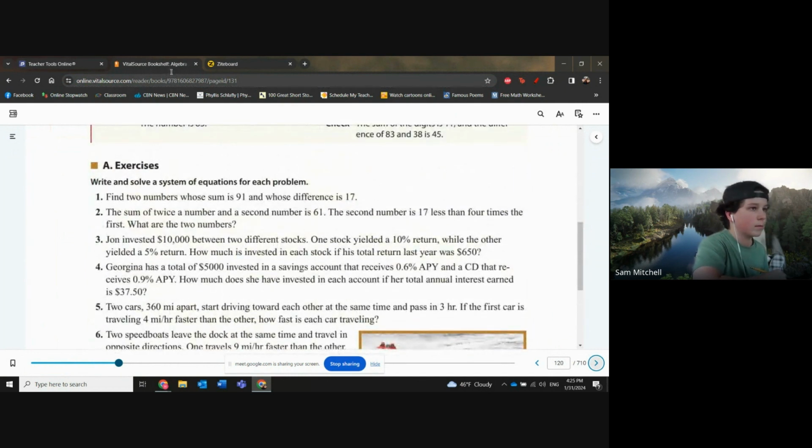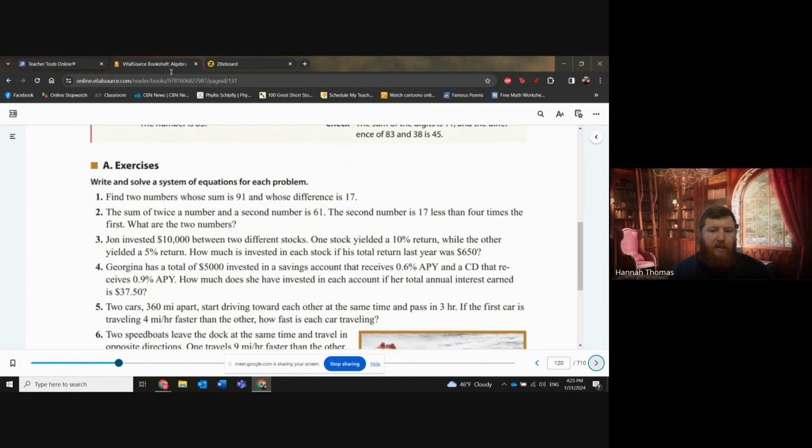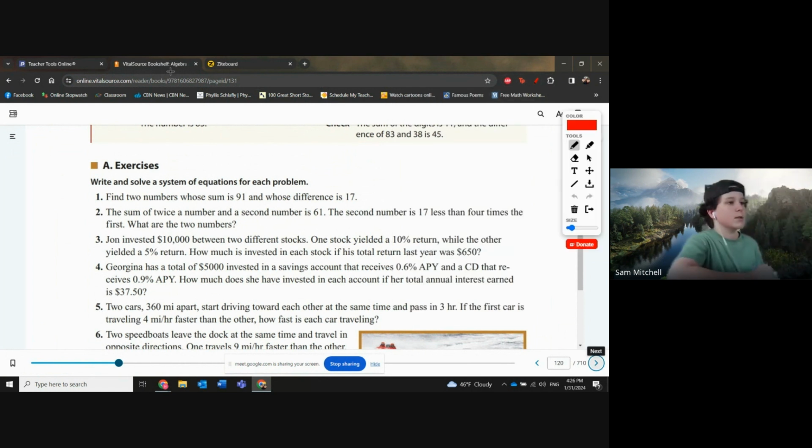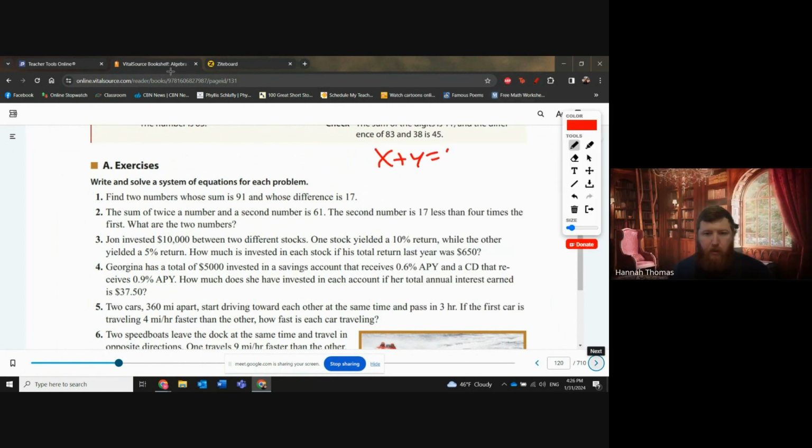So you did x plus y equals 91 and x minus y equals 17? Yes, because you're adding two numbers, and you're subtracting two numbers. So how would you solve that?